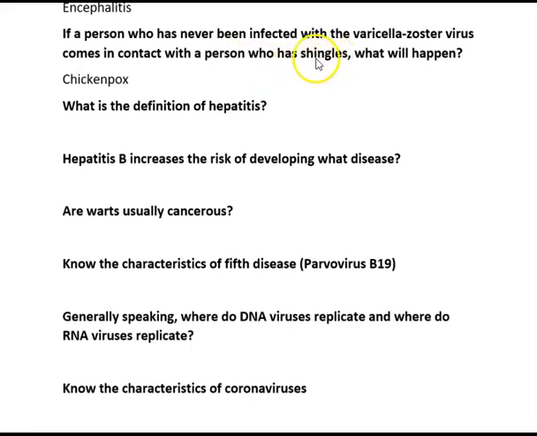Recall that they will not develop shingles initially, because shingles is what occurs when the varicella zoster virus becomes latent and years later can reactivate and cause lesions on the skin.